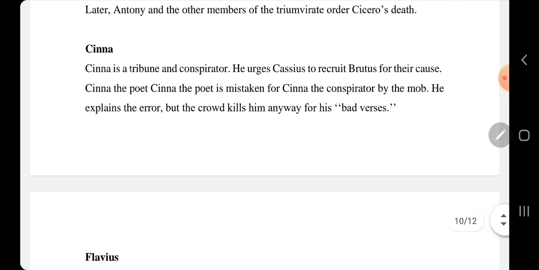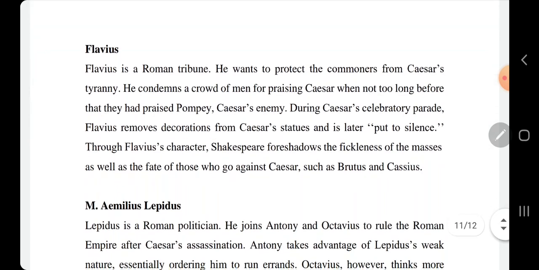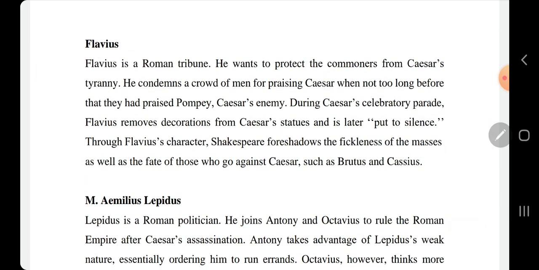We have Cinna, he's a tribune and a conspirator as well, and he's the one who convinced Cassius to recruit Brutus to stand with them to kill Caesar. We have Flavius, and he was also a Roman tribune. We will come to his character in the play as well.